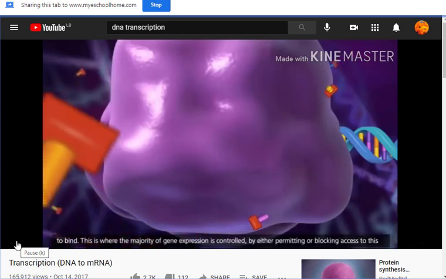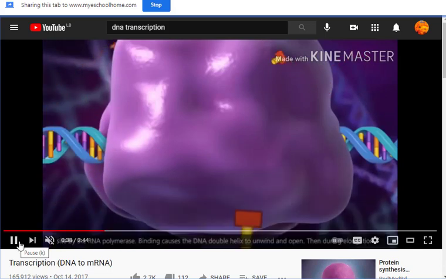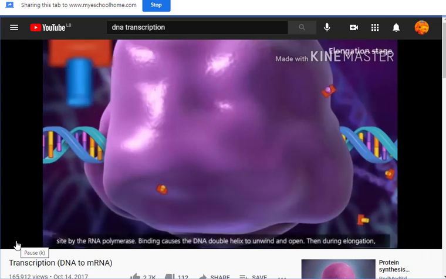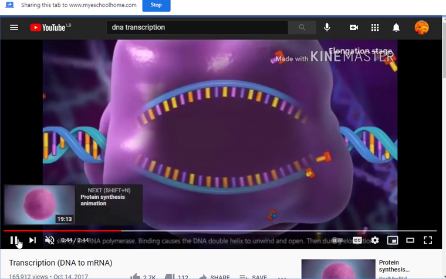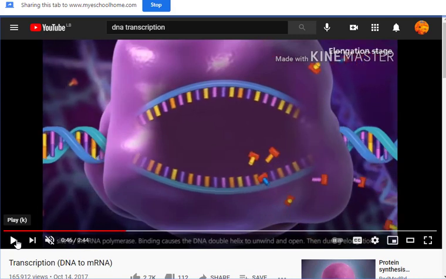First it opens the DNA, untwisting it. Now we have two strands in the DNA. We have the template or transcribed, the one I will copy, and we have the coding, the one that is for support only.